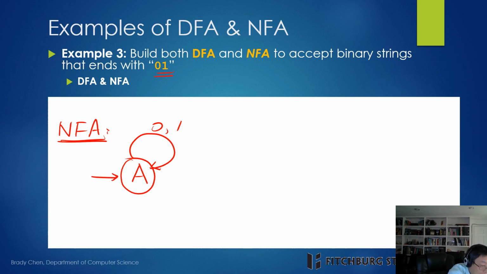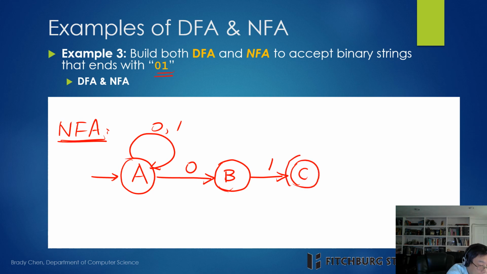Now once we get the next 0, we're going to move to the next state B. In order to make sure the string actually ends with 0, 1, if we are in B, the next input should be 1, then we go to the accepting state. And we should not mention any inputs at all after the accepting state C, because we want to build the NFA to accept a binary string that ends with 0, 1.